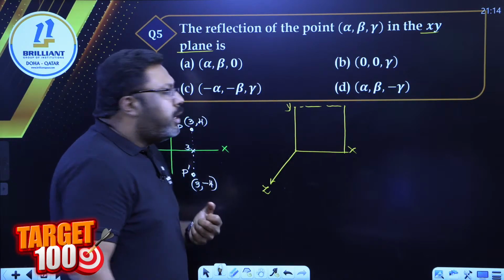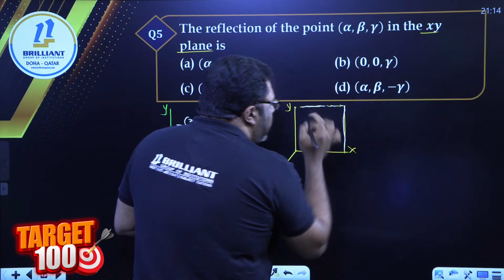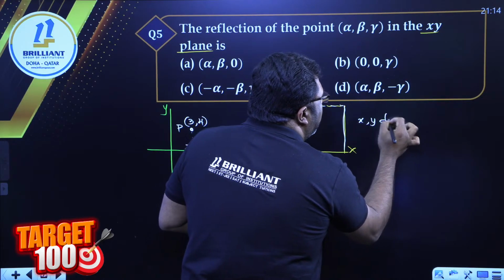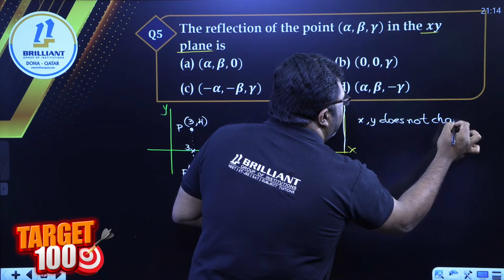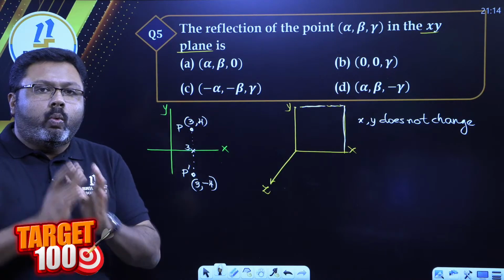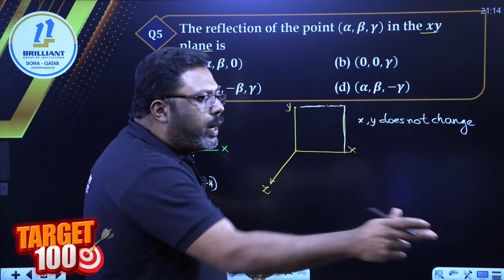But when you go to 3 dimensions, the reflection is done by the xy plane. If it's done by the xy plane, it means x comma y does not change, right? Yes or no? Those coordinates do not change. What only changes? The z coordinate changes. Now answers started coming.